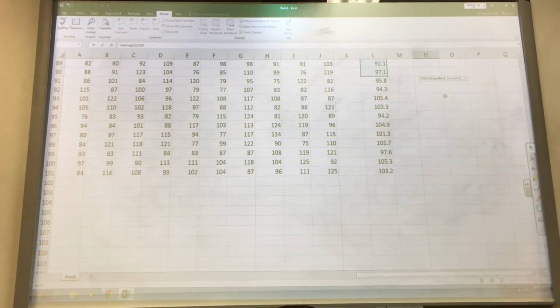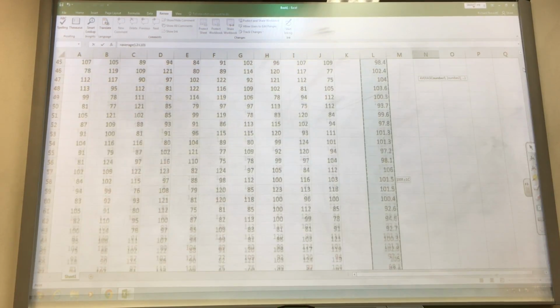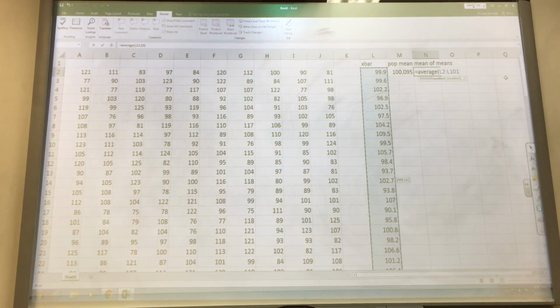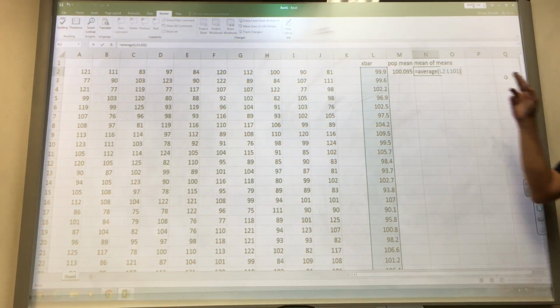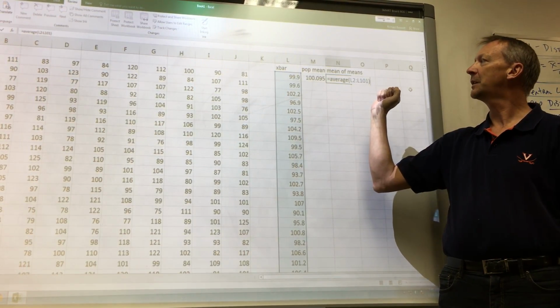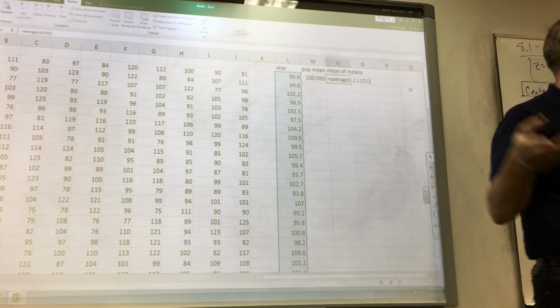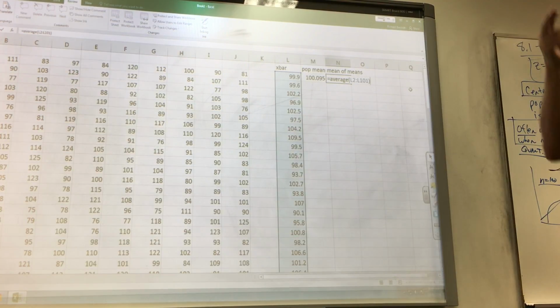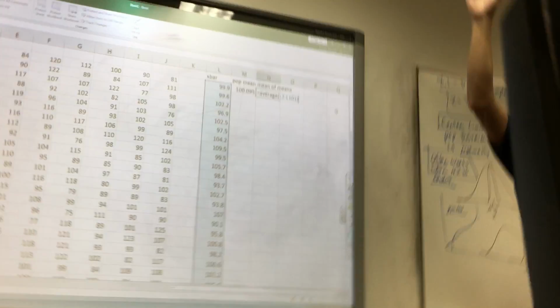Now before I press enter, I'm going to ask you guys a question. Do you think that the mean of my means will be the same as the population mean, more or less? Who thinks it's going to be higher? 1, 2.